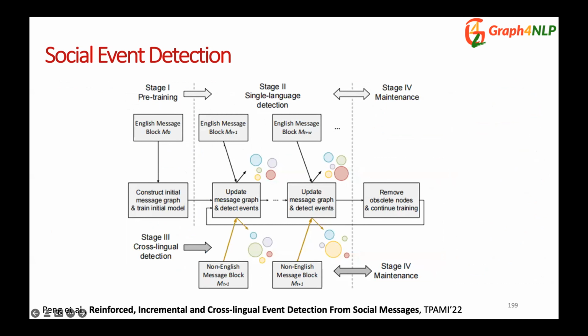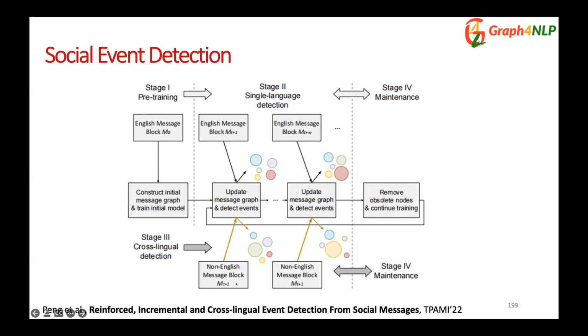Basically, the system works in 4 stages. The first is pre-training. They have the initial message block, which is a set of different social messages. Then they construct an initial message graph and train the initial model to detect events. In stage 2, which is single language detection, they incrementally detect new events based on newly coming message blocks, which are new batches of messages, and update the message graph and detect new events based on the incremental new inputs.